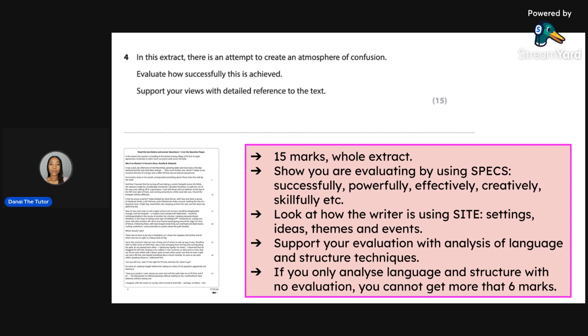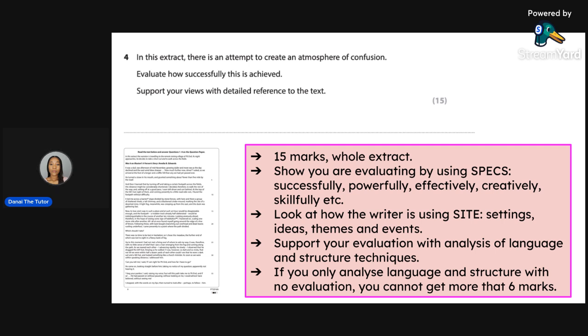For example, this question reads, "In this extract, there is an attempt to create an atmosphere of confusion. Evaluate how successfully this is achieved." And so you would read the extract and consider, does the setting add to this? Do the ideas add to a sense of confusion? Themes, events?